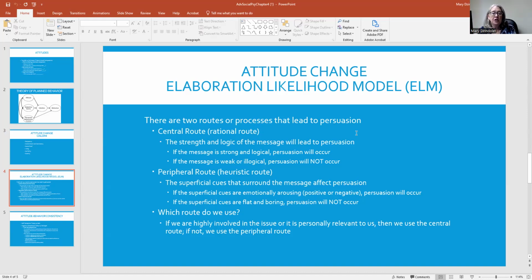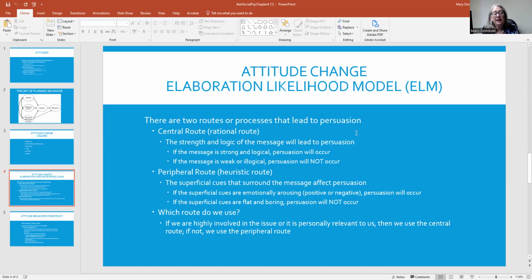What Petty and Cacioppo say is that we are exposed to so many messages that are trying to persuade us, trying to have us have a certain attitude, certain feelings or thoughts, trying to change our behavior in some way, that we can't attend to all of them.